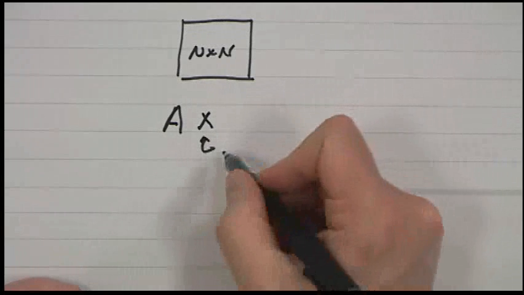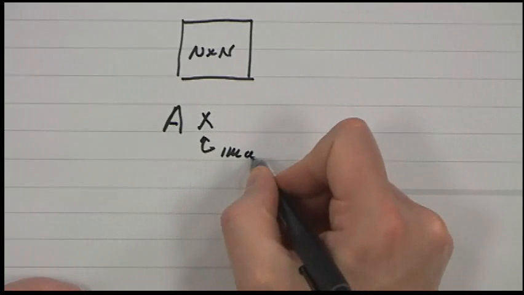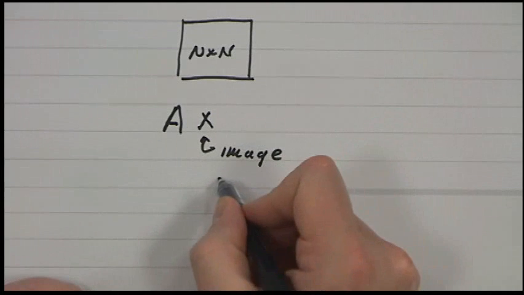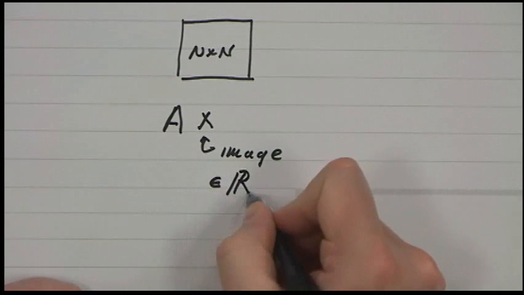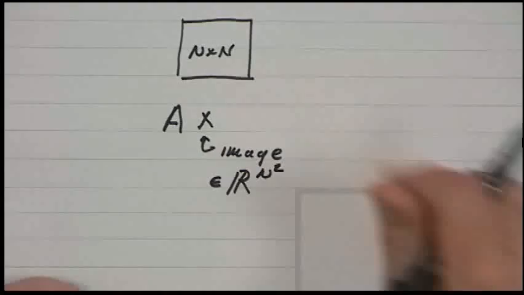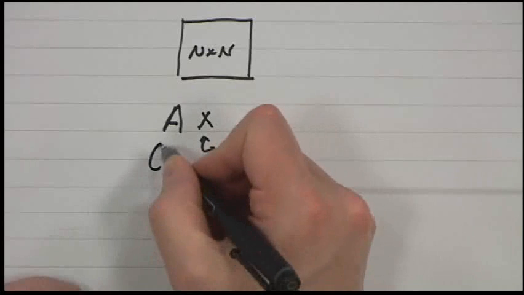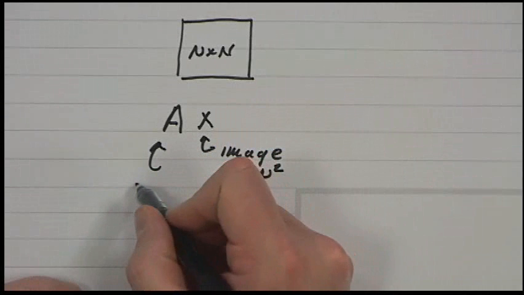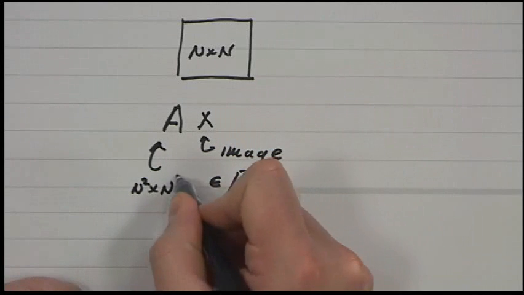Here x is an image, but we're going to represent it as a vector of length n squared, because it has that many pixels in it. So A is an n squared by n squared matrix.